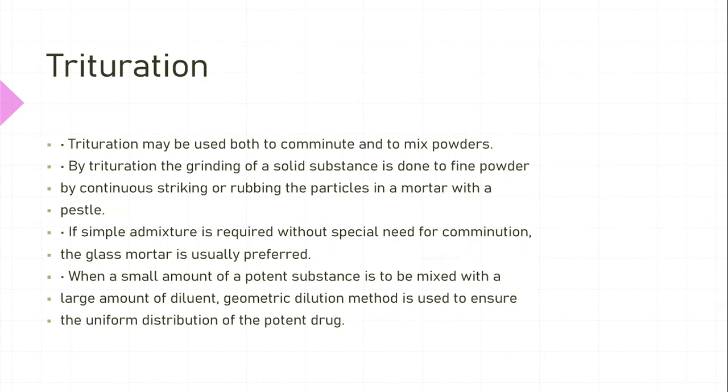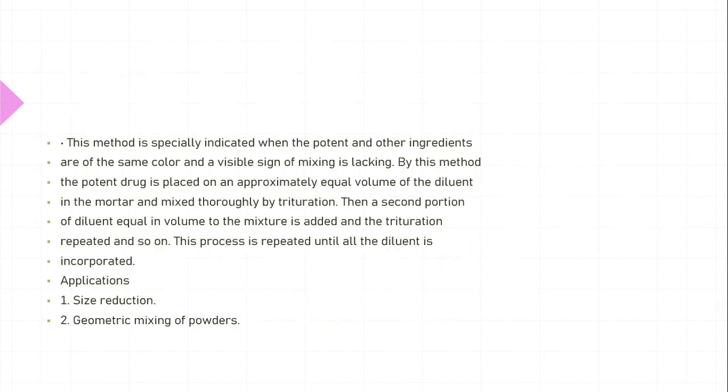When a small amount of potent substance is to be mixed with a large amount of diluent, the geometric dilution method is used to ensure the uniform distribution of the potent drug. You do it gradually, a little bit added after a little time. This method is especially indicated when the potent and other ingredients are of the same color and a visible sign of mixing is lacking.